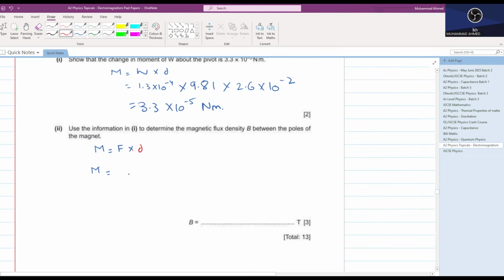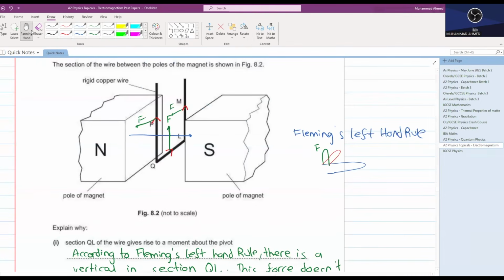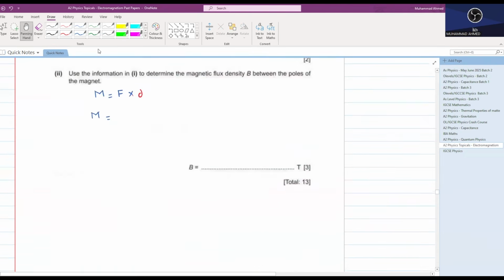How will I calculate this force on QL? Let me erase these two other green forces. Very easy. I will apply the formula BIL. And this D is the distance from the pivot of section QL.